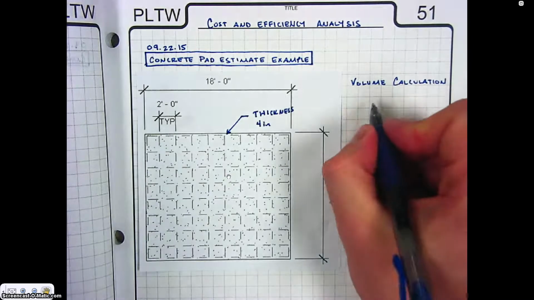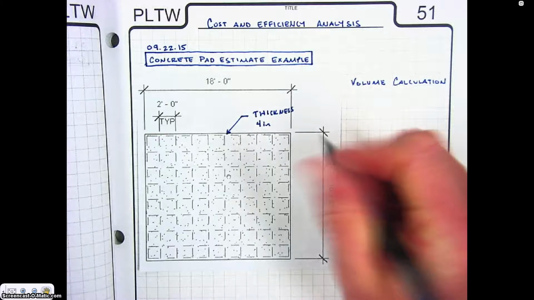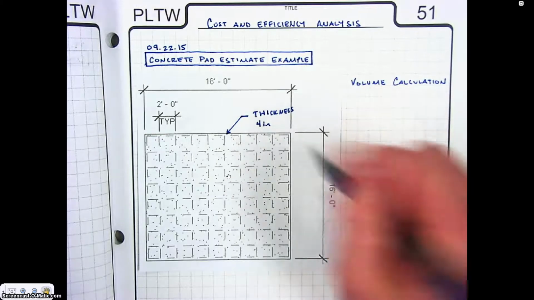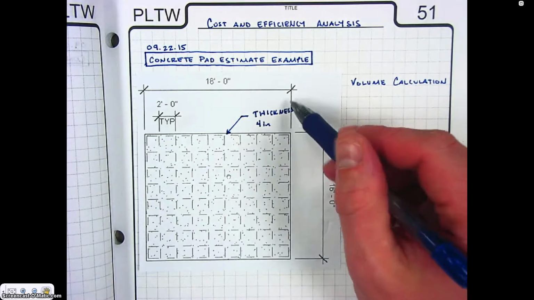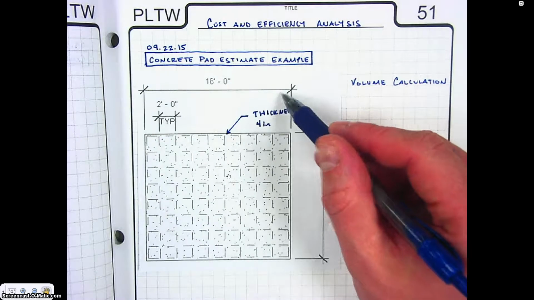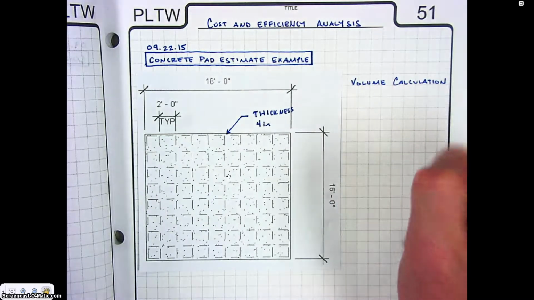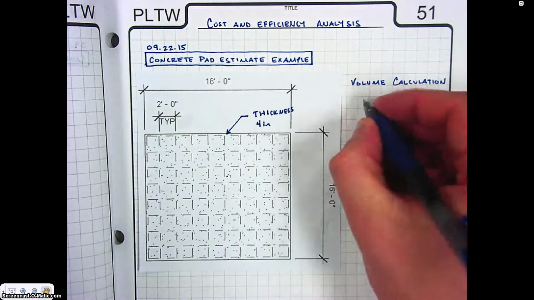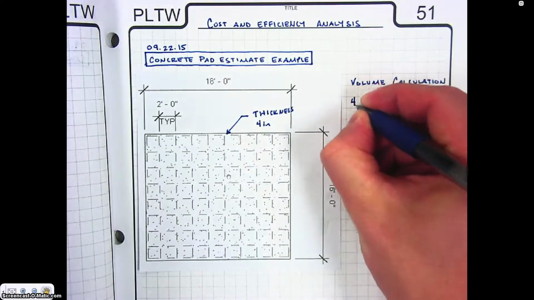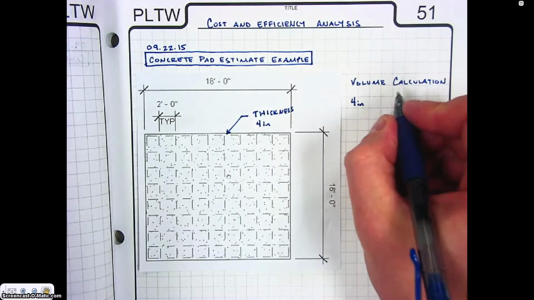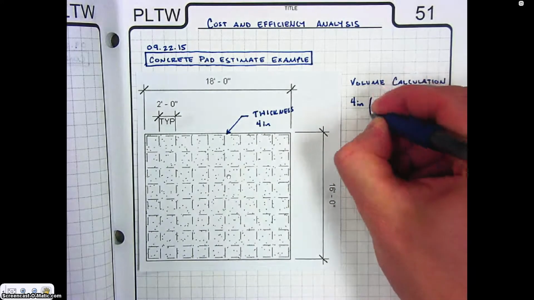The first thing we need to do for that is convert that 4-inch dimension into feet so that we can multiply for our rectangular prism width times depth times height to get the volume of space that we're going to need. To do the conversion, we have 4 inches, that's our given unit.